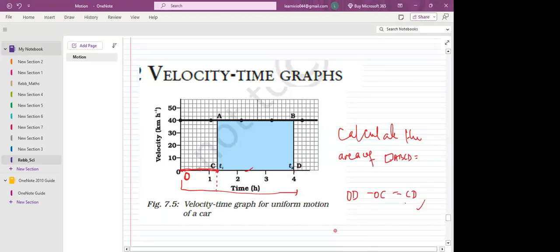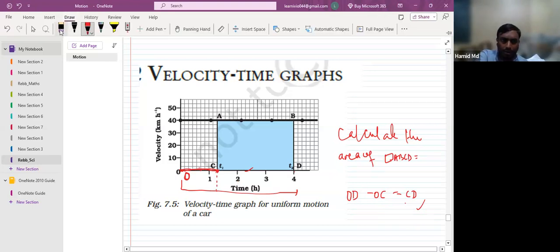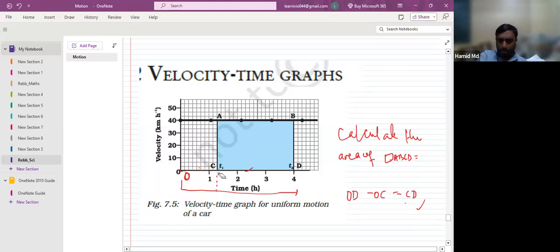Leave the numbers for the time being. If this point was coinciding with this, then it was easy to calculate: 4 minus 1 is 3, but it's not coinciding with 1, so I'm not taking the numbers. I'm only taking the symbols OC and OD, right?